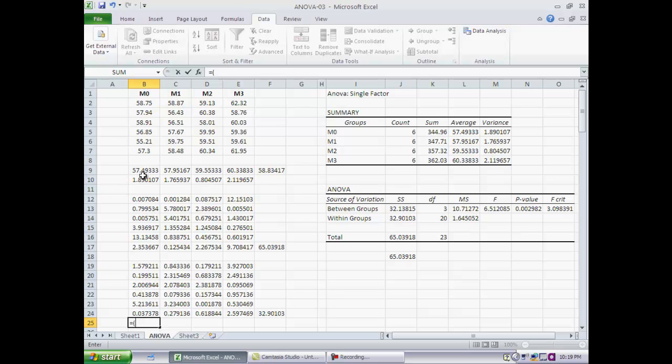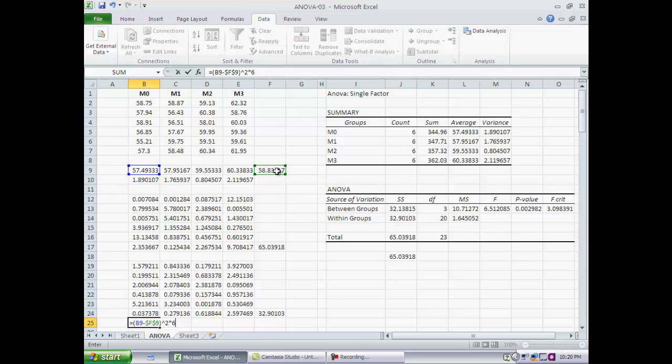I'm essentially trying to find out how distinct each of these groups are. So let's take the middle of this first group, which is 57.49, and see how far it is from the grand middle, and I square it and I multiply by 6. Before I hit enter, let me explain why I did that.